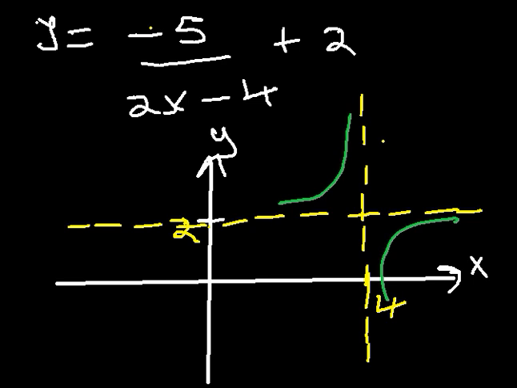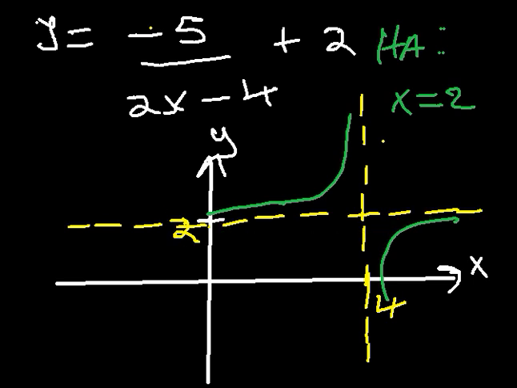Since the graph can be drawn in this way, the graph will have both x-intercepts as well as y-intercepts. But first of all, let's highlight the horizontal asymptote. The horizontal asymptote is given as y is equal to 2, which is this line.